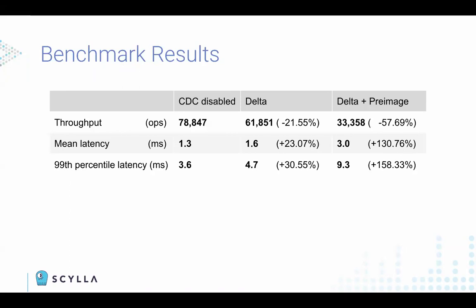This is sort of expected because with CDC we're doing twice more writes, or more in case of Preimage. And for Preimage we also have to do a select, to do a read before write, to obtain the actual state of data before the change.